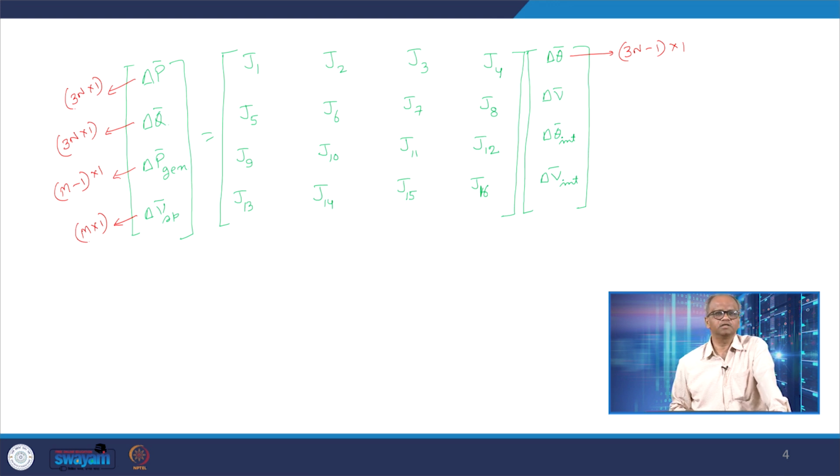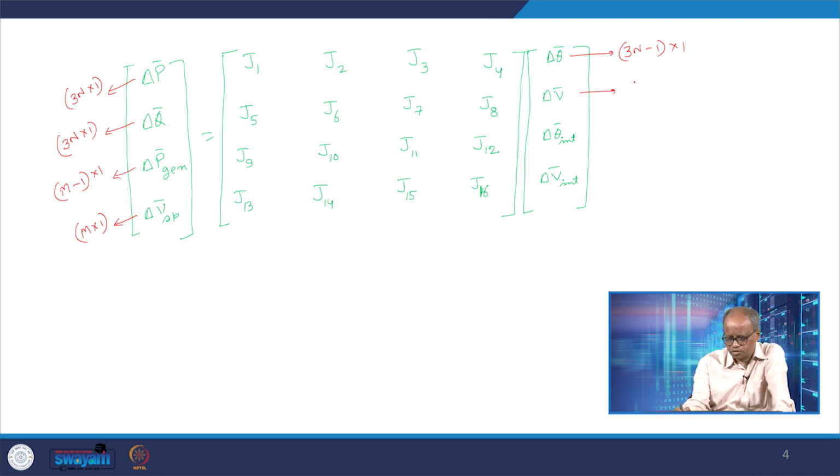Theta angles are nothing but the angles of the original n buses in the system corresponding to every phase except the phase A angle corresponding to bus 1, because we are taking that particular bus angle as a convention to be the reference angle. So, we are taking that particular bus angle to be 0. As a result that particular bus angle need not be solved. So, my total number of unknown quantities becomes 3n minus 1 cross 1.